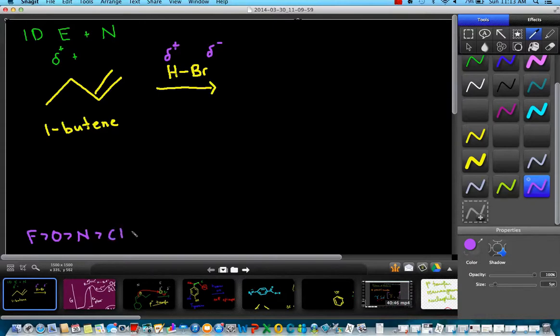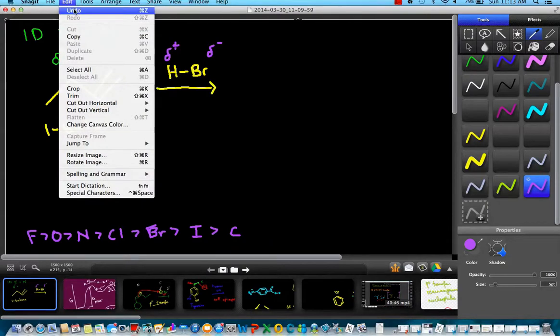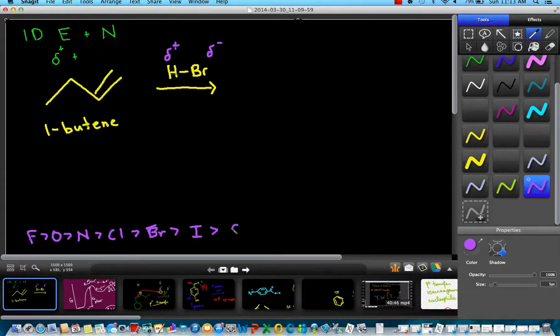And it gives the descending order of electronegativity for the 9 most electronegative elements on the periodic table. Anything to the left is more electronegative than anything to the right.